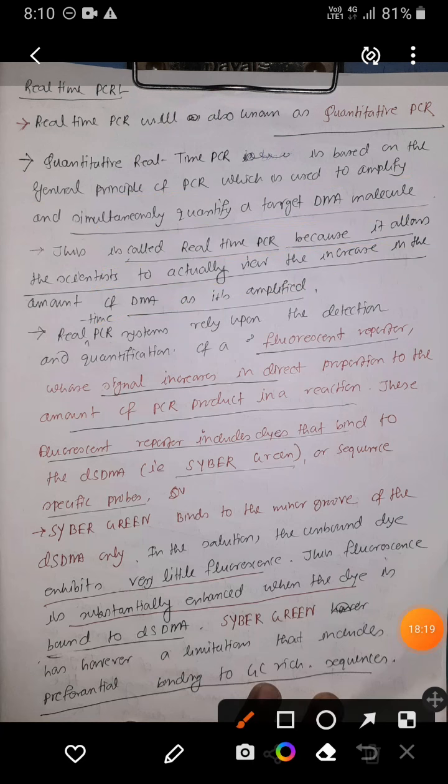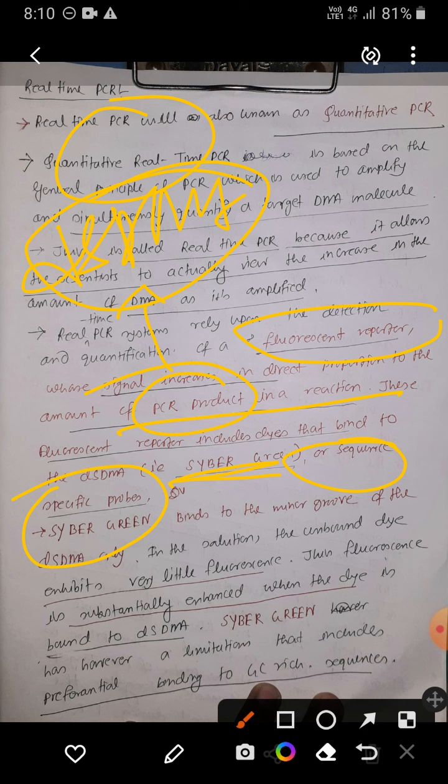Real-time PCR relies upon the detection and quantification of a fluorescent reporter whose signal increases in direct proportion to the amount of PCR product in a reaction. These fluorescent reporters include double-stranded DNA binding fluorescent dye, that is our SYBR Green, or sequence specific probe, that is our TaqMan probe.